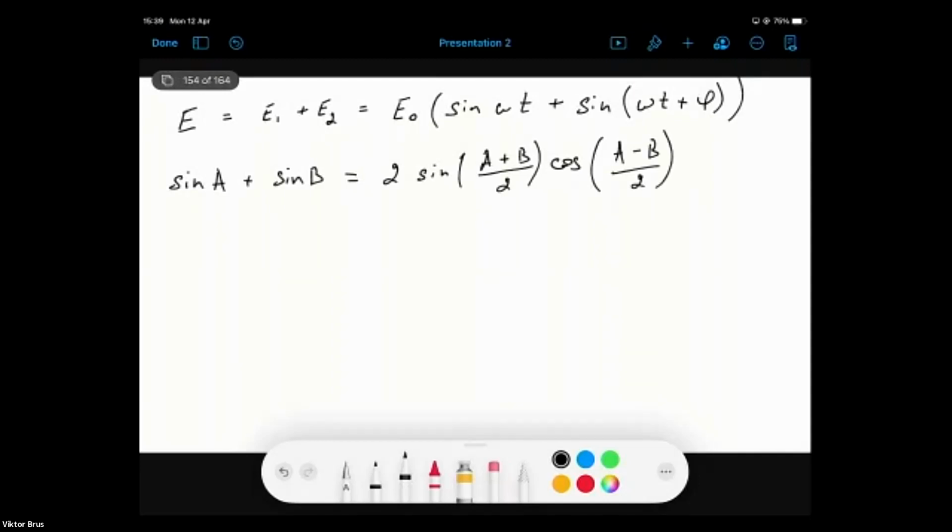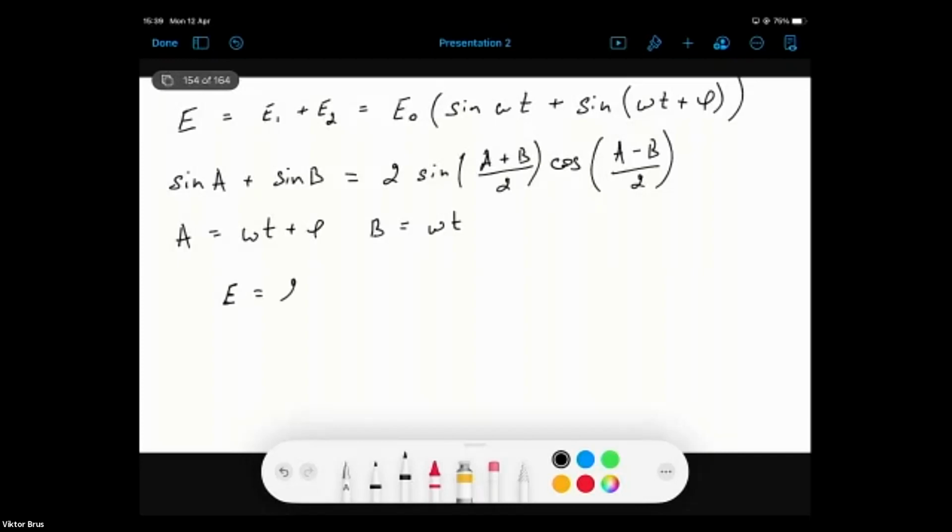So taking this into account and considering that A in our case is equal to omega t plus phi and B is equal to just omega t, we will get the expression for the resultant time varying electromagnetic wave as a result of interference, like superposition of two waves, E1 and E2.